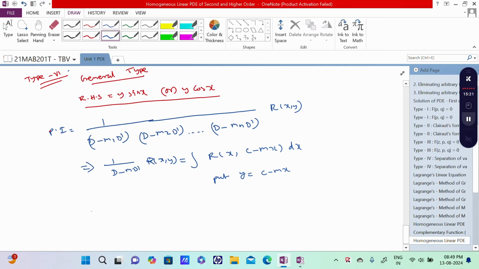Or 1 over D plus m D dash of the function of x comma y is the integral of R of x comma c plus mx with respect to x, where y equals c plus mx. We just apply this general type.